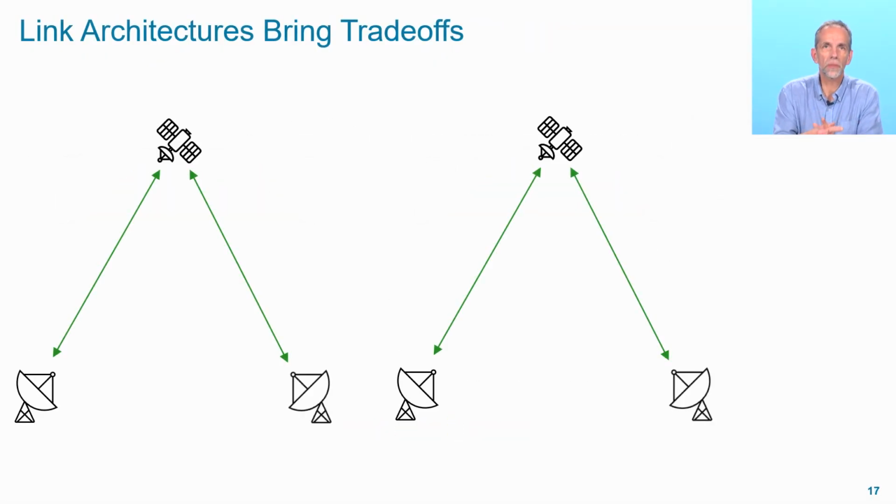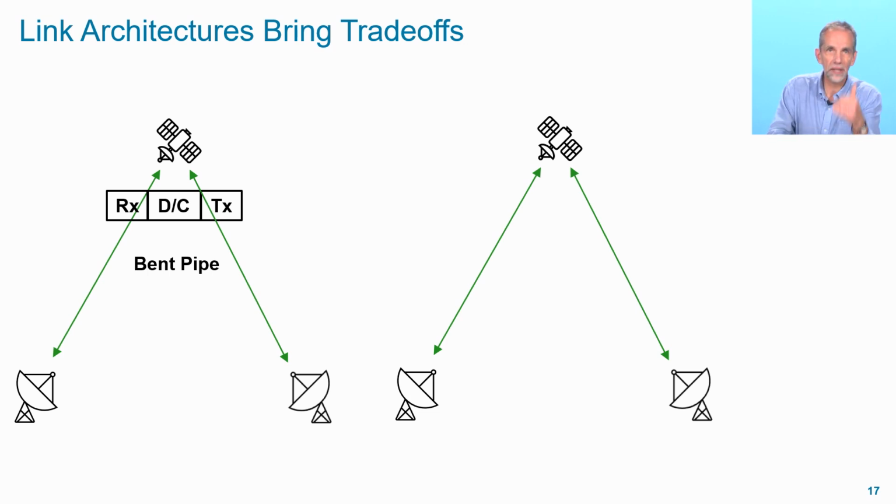Now, let's talk some more about these link architectures. They do bring trade-offs, and there are multiple up and down link architectures that you can consider. Here we see 2 notional up and down links. On the left, this is a bent pipe, essentially a repeater architecture where the waveform is always in the analog domain.